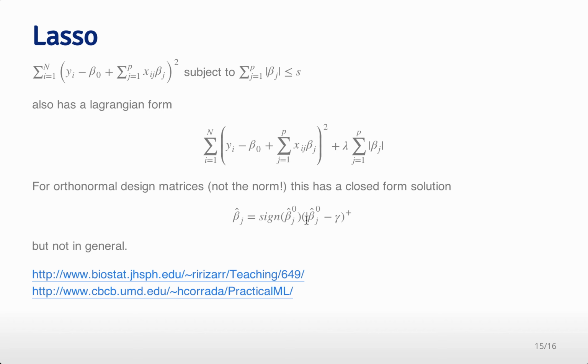In other words, if gamma is bigger than your least squares beta hat j, then this will be a negative number and you're taking only the positive part, so you set it equal to 0. So if it's positive though, if this absolute value of beta hat j is bigger than the gamma value, then this number will be a smaller positive number. It will be shrunk by the amount gamma, and then we multiply it by the sign of the original coefficient.